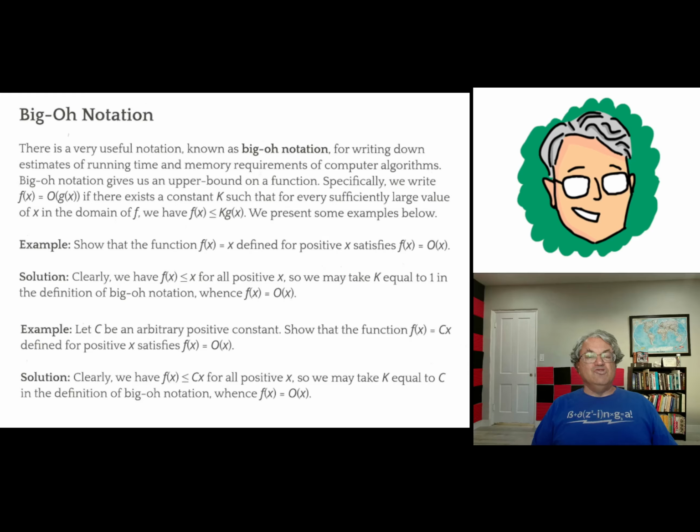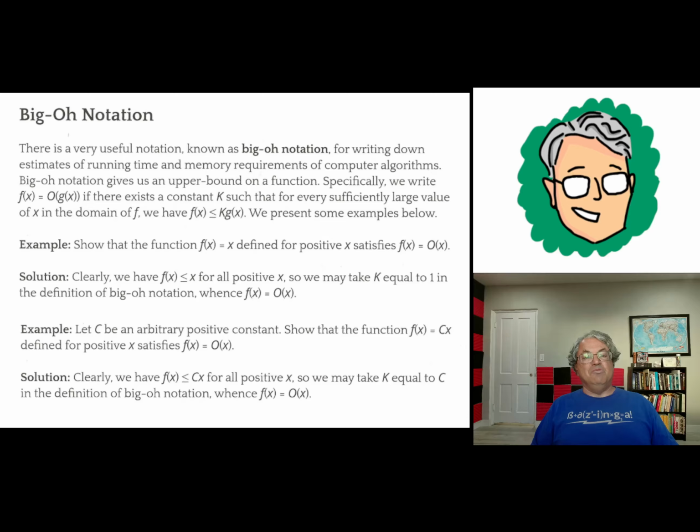And usually g of x is a pretty simple function. For instance, g of x could be a constant. In that case, we'd say O of 1. A good example of O of 1 functions is sine and cosine because they're bounded between 1 and minus 1. So they never get bigger than 1. And linear functions are O of x.